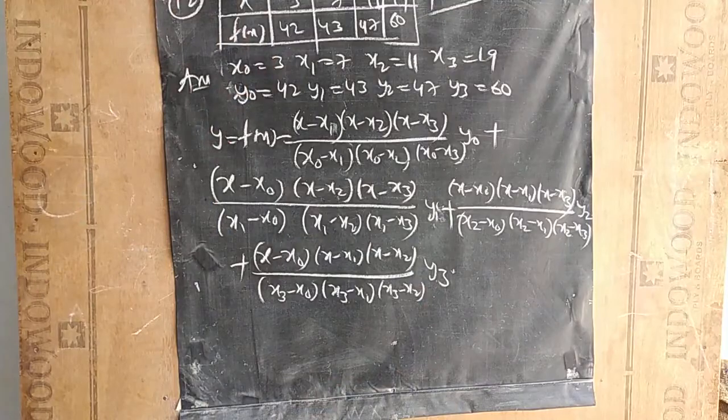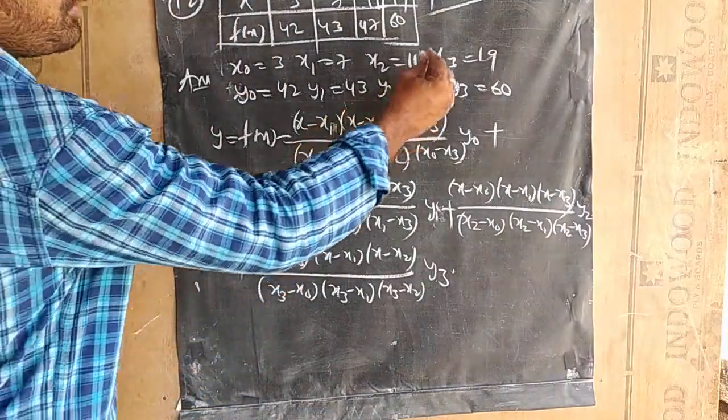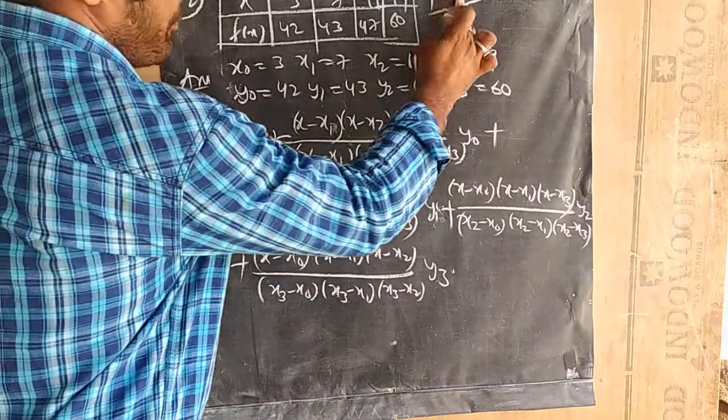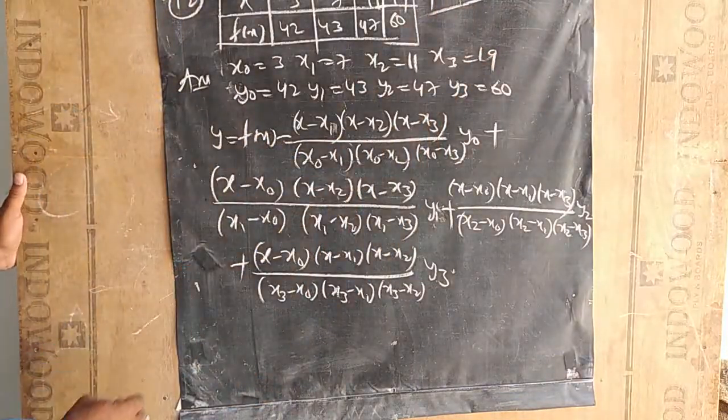Now let us substitute the values. Here x value is 15 and the remaining values we know, so we will substitute them here.